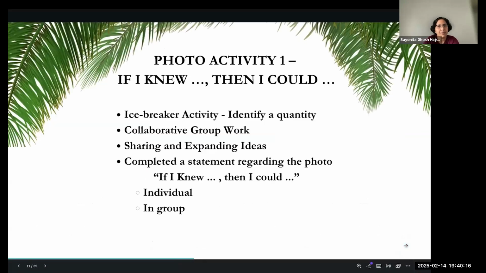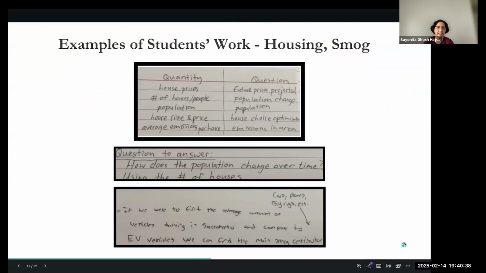So next slide, please. So this activity involved not only individual work, but also group collaboration. So they shared ideas, they expanded onto other groups' ideas. So this was activity 1. And now I will share some examples of student work.